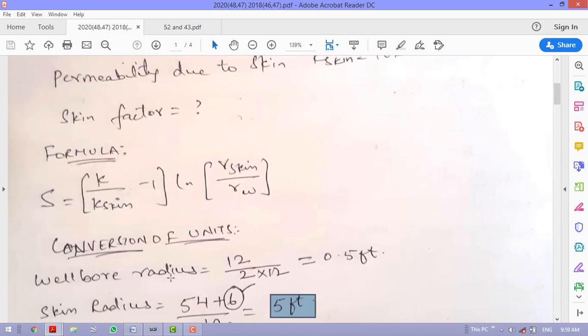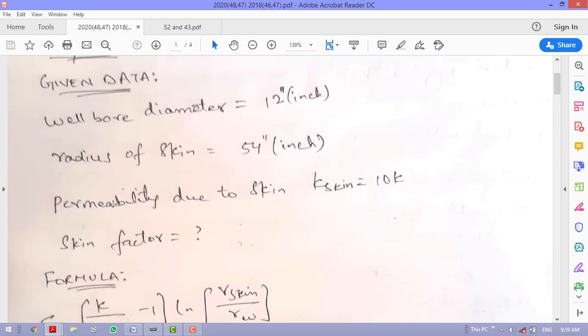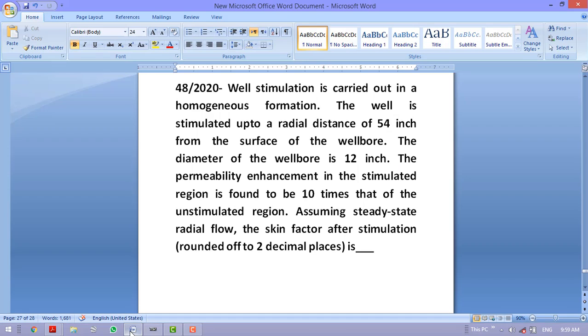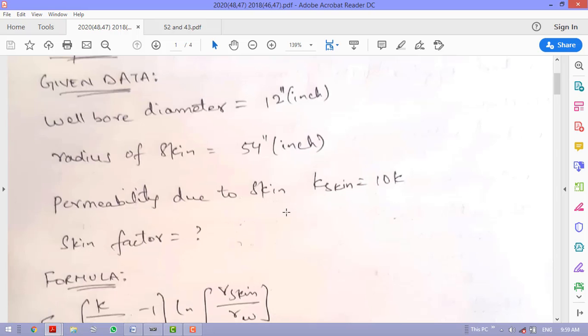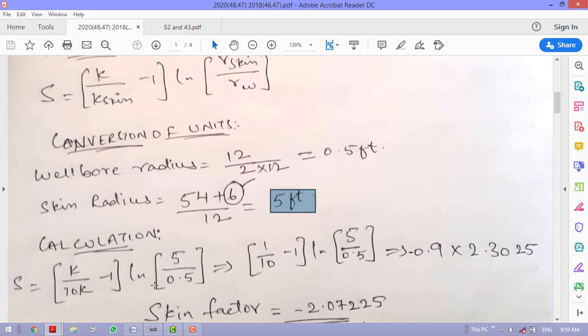The only reason is that it is given in the question that the permeability enhancement in the stimulated region is found to be 10 times that of the unstimulated region. So here you can consider that the permeability due to skin is 10 times the normal permeability, meaning the unstimulated permeability. Because of that reason I wrote K by 10K.